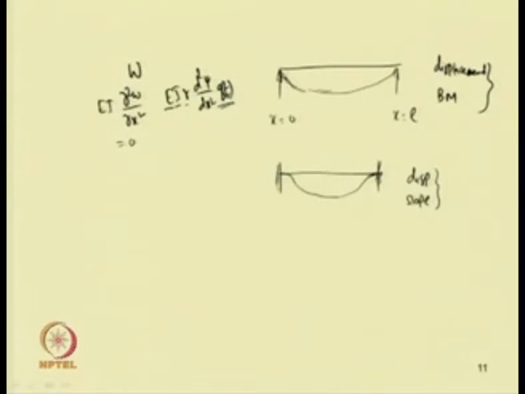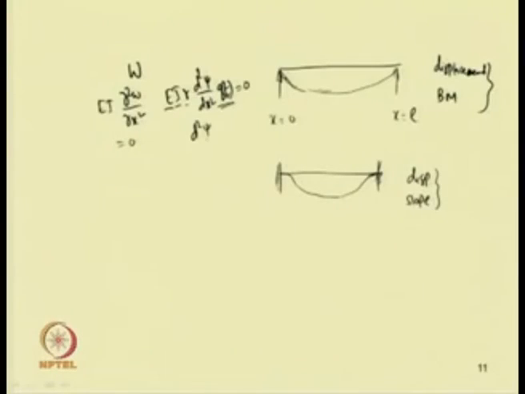So, one can write EI R d square psi by dx square into Q t equal to 0. For all time Q t will not be equal to 0, so this becomes d square psi by dx square equal to 0.